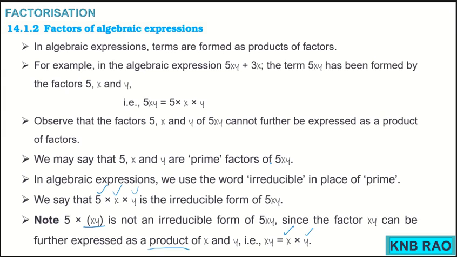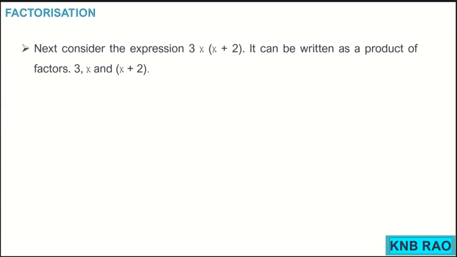Now, taking it further, we have another example: 3 into x into (x plus 2). Observe here, x plus 2 is within braces, which means I have 3 multiplied by x, and that product is multiplied by the sum of x and 2. So here, can I say these factors 3, x and x plus 2 are irreducible?